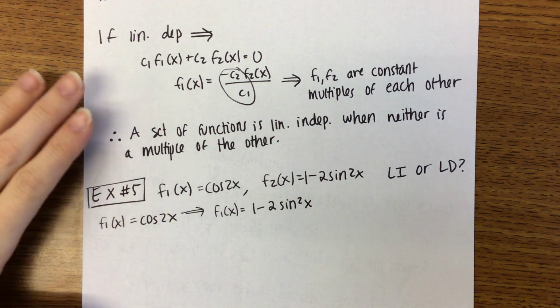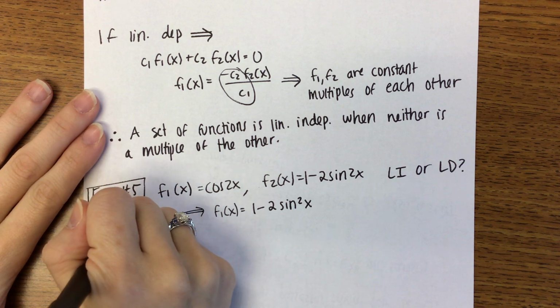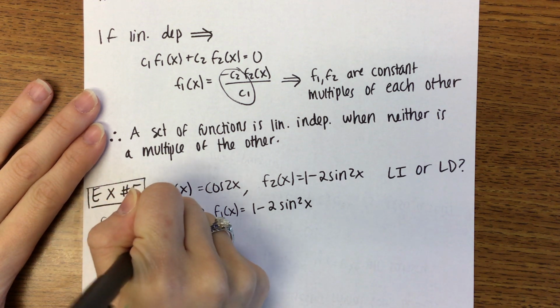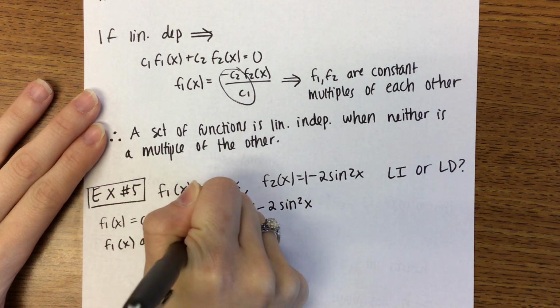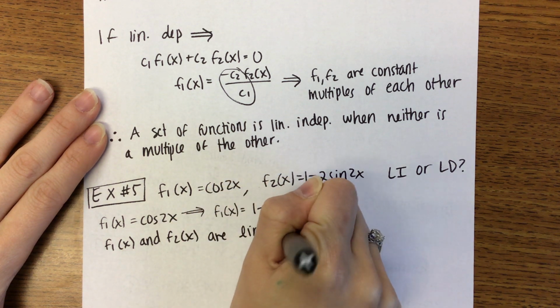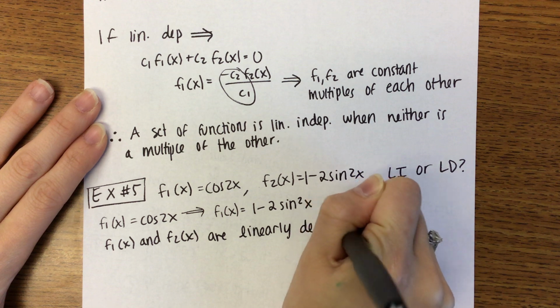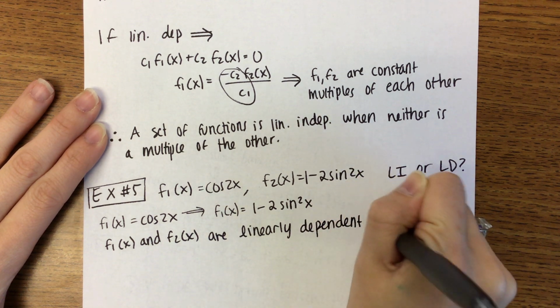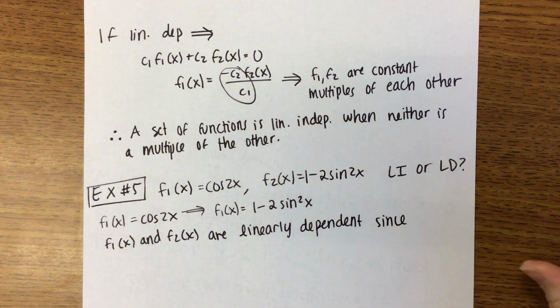Okay. So then we would say f1 of x and f2 of x are linearly dependent. Okay, you cannot just write because they're constant multiples of each other. You have to go back to the definition.